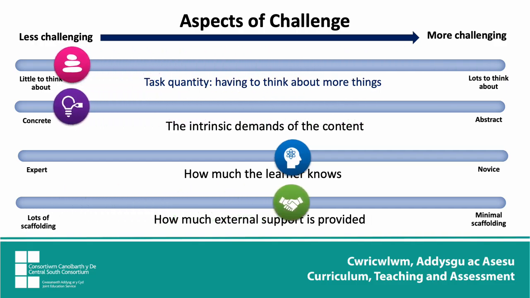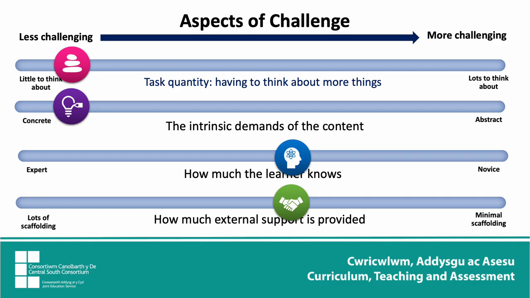Or we might find that we're not going to give that much scaffolding, because even though our learners aren't really expert in this, it's fairly concrete and there's not that much to think about, so we don't need to provide as much scaffolding. So it's about calibrating it to the point where learners are in that productive struggle zone, where they're feeling challenged, but they're also feeling like they're achieving something.